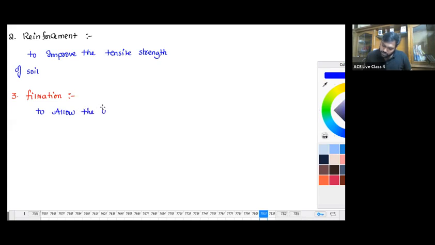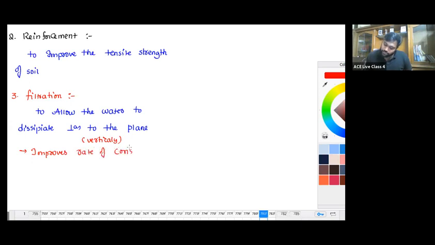to allow the water to dissipate perpendicular to the plane, or vertically. It improves the rate of consolidation.